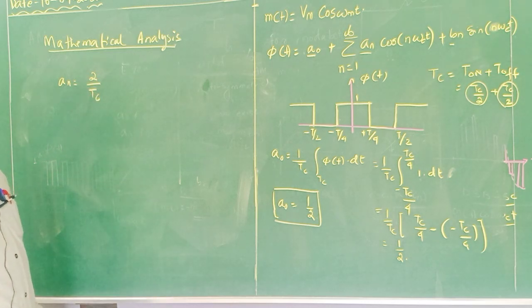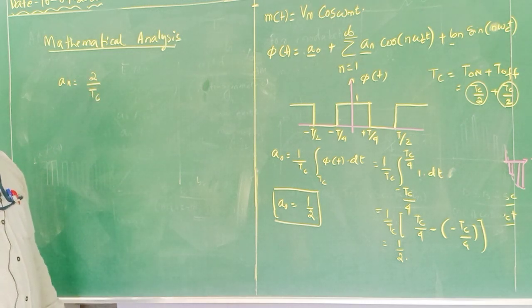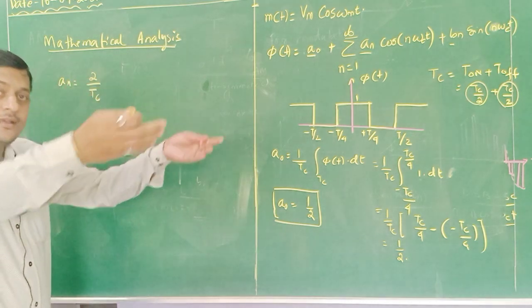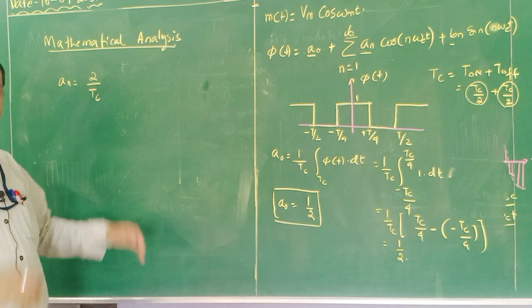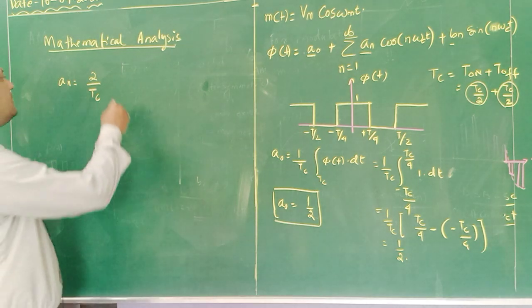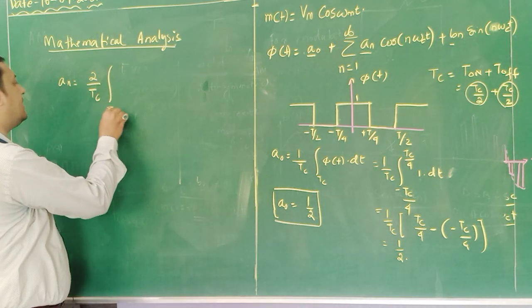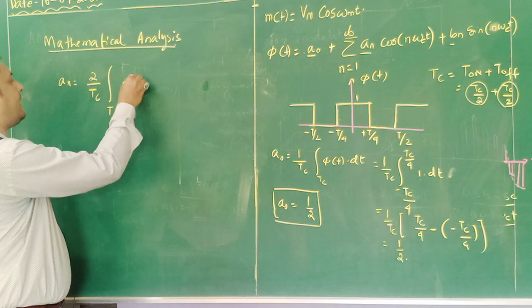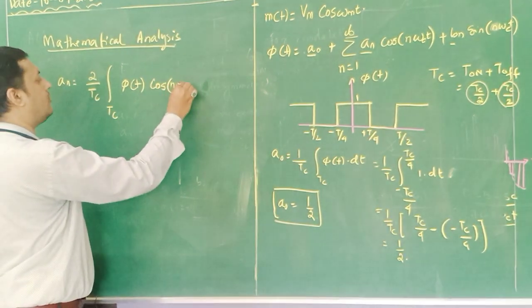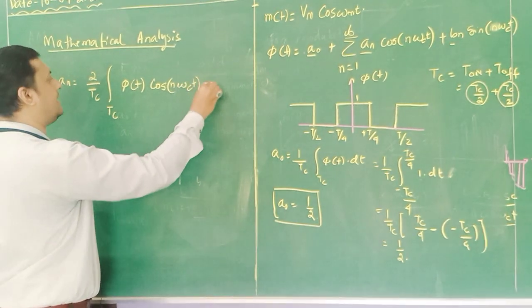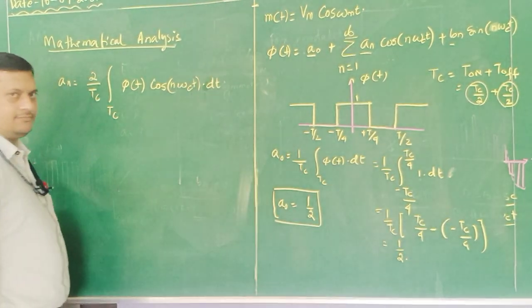Now the question comes, why are we using 2? 2 indicates the second harmonic component is starting. First is the DC component, second is the fundamental components. So 2 by Tc phi of t cos n omega ct into dt.